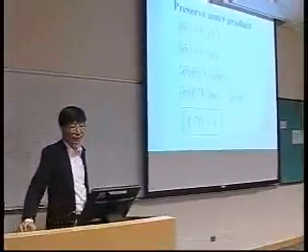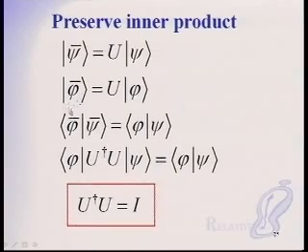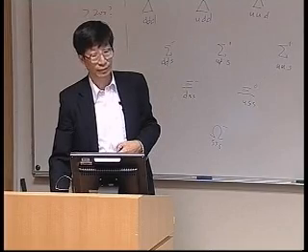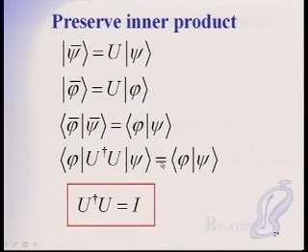So the same idea: phi bar psi bar has to be equal to phi psi. So I just apply these two equations. Psi bar is U times psi. Phi bar is U times phi. But of course, since I flip it to a bra vector, this one has to be the Hermitian conjugate. If this statement is true for all states phi and psi, that means U dagger U must be equal to the identity.